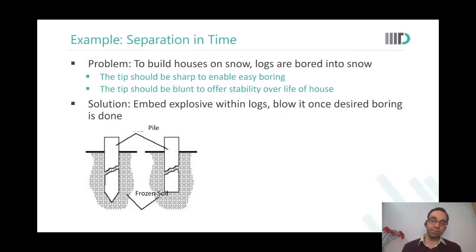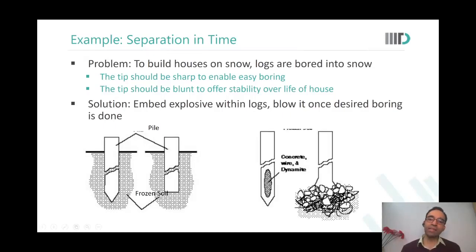So what is done is we separate the requirements in time. We say that, okay, when I am boring, I will have a pointed tip. But this tip actually has an explosive inside it. I will blow this dynamite away once I have reached the depth that I require. So what happens?